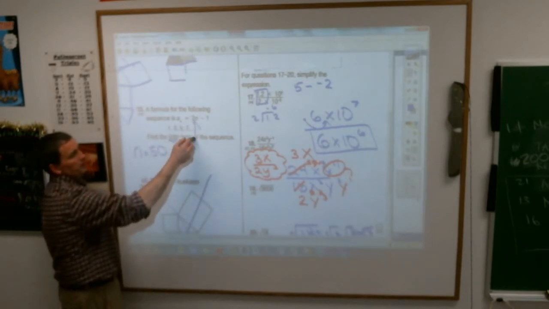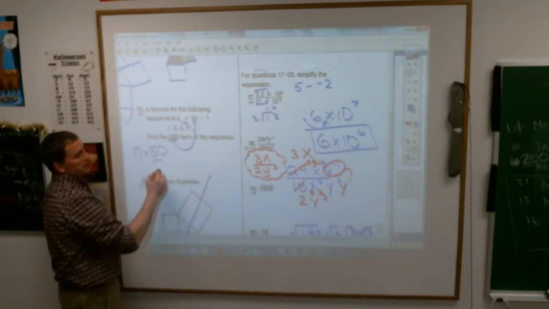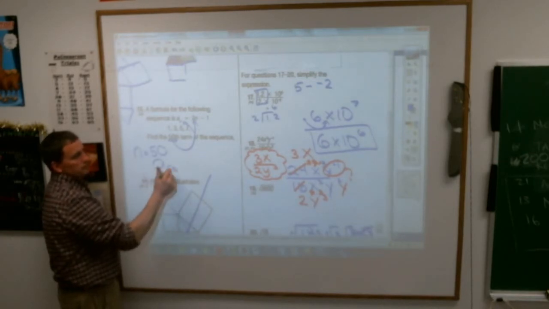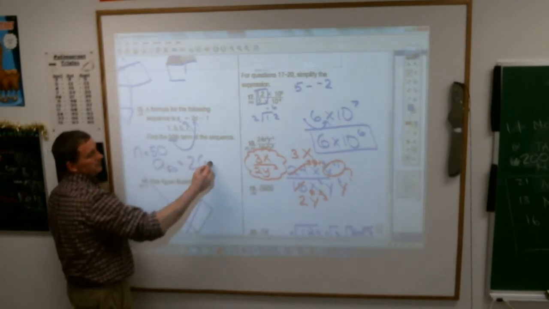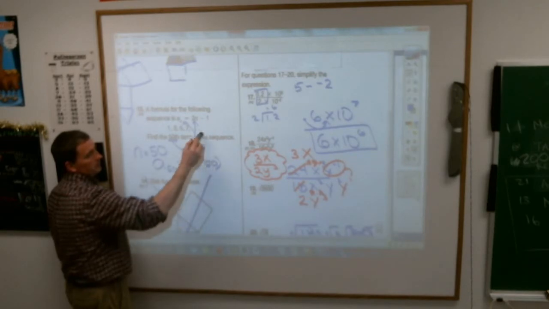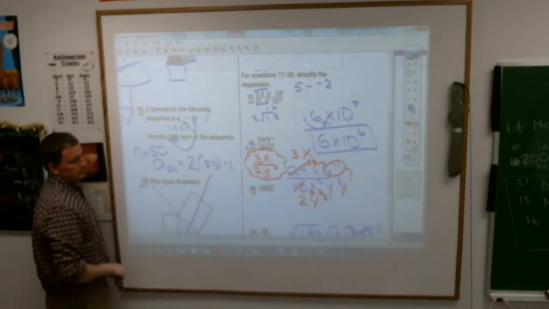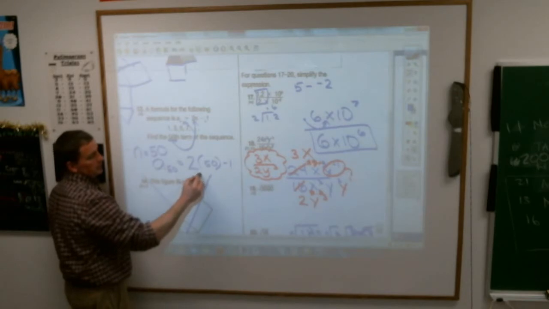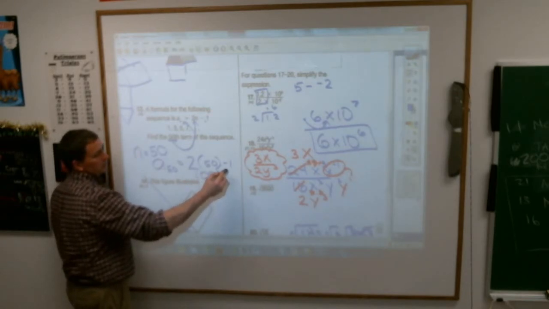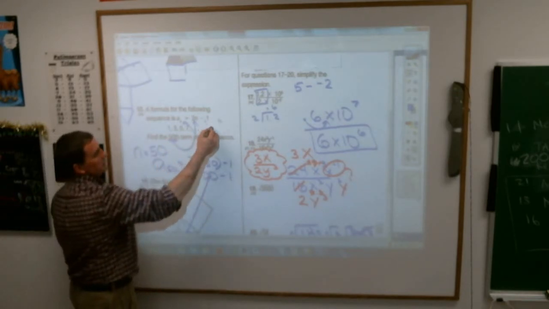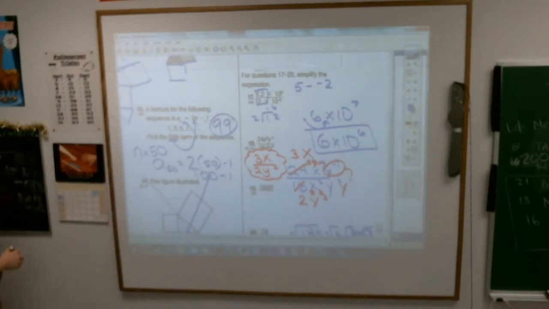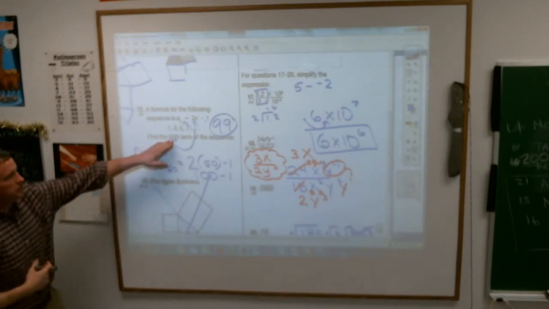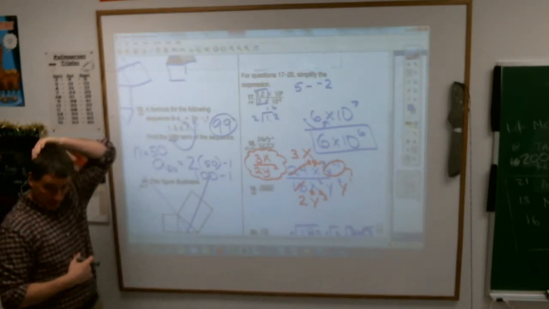When you put that little subscript 50 there, that just says the 50th term is 2 times 50 minus 1. And 2 times 50 is 100, and 100 minus 1 is 99. So whatever number they give you here, just put into that little formula.